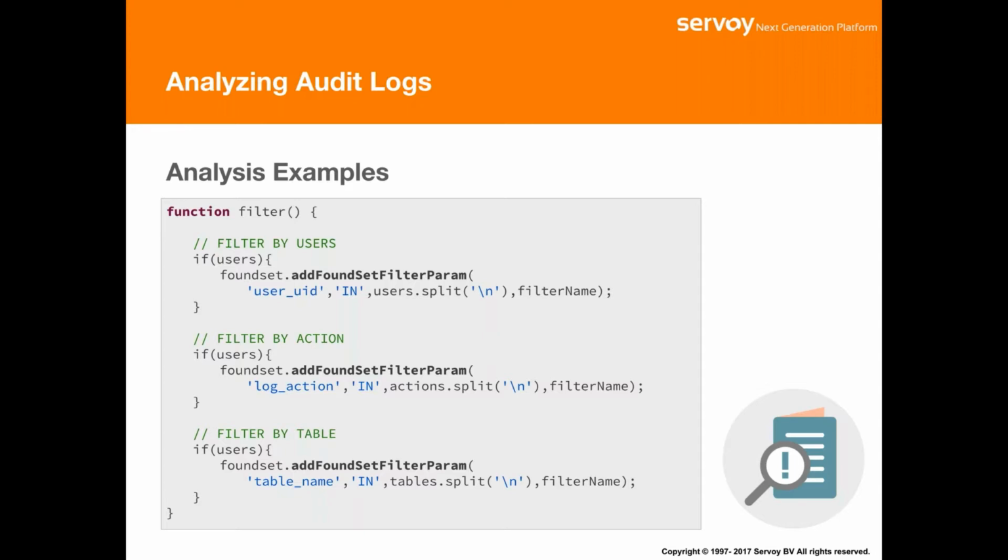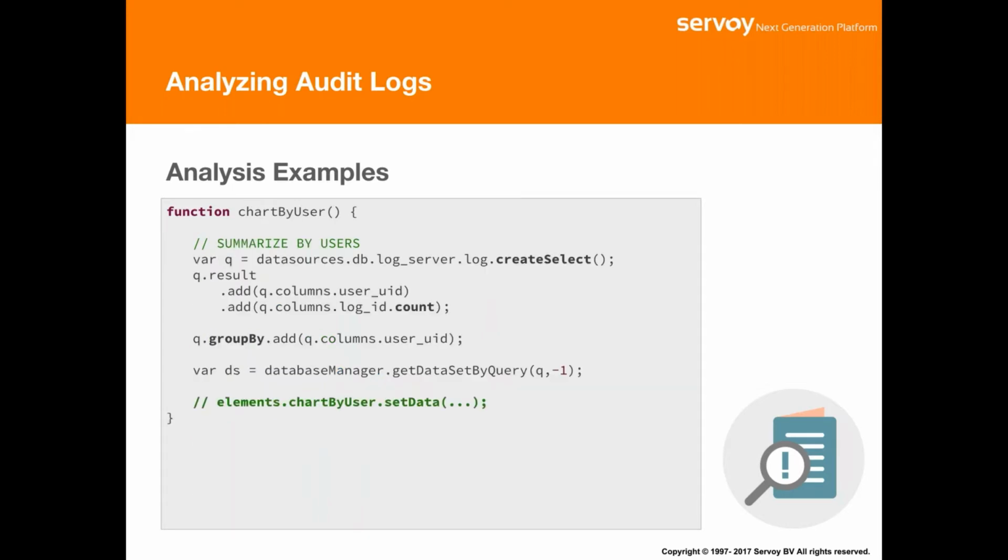With the tokenized string for the list of users or actions, we simply added a filter param for that and reloaded the records. For the chart example, that was done because that's summarized data. We were actually summarizing the number of edits per user or per table. That was done through the query builder, and that's just a few lines of code here. You can see that we get a data set which is essentially providing the number of edits per user in this case, and then we pass that into the chart and it re-renders.